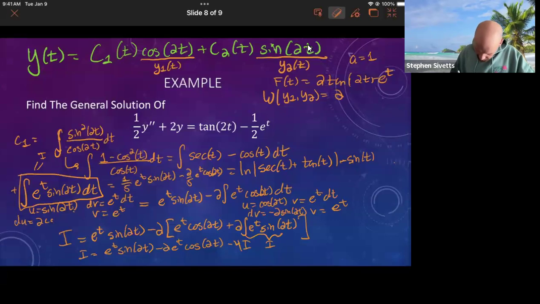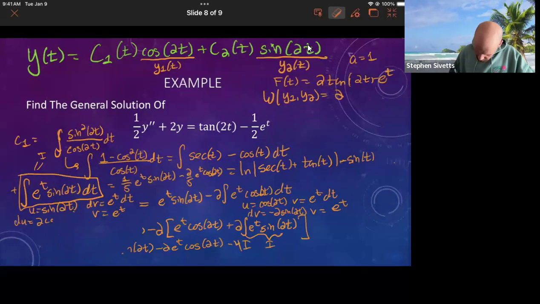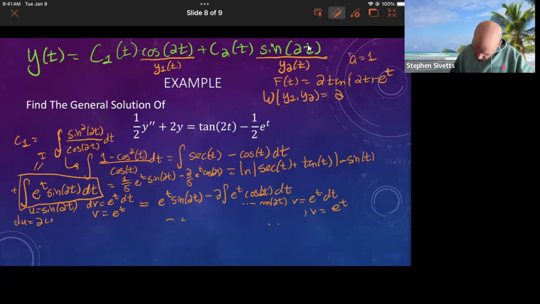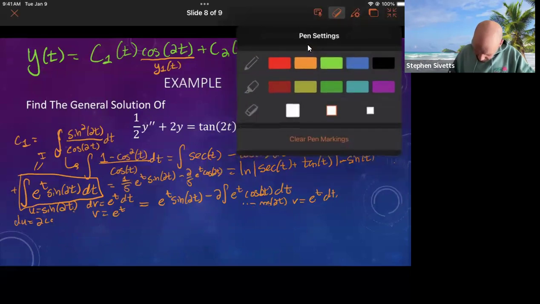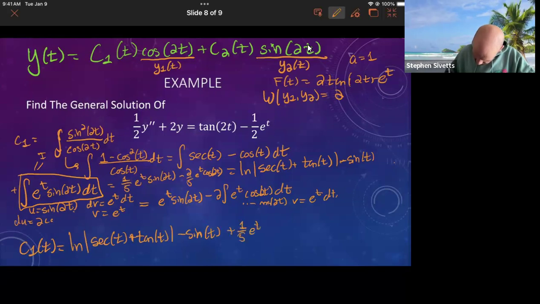So all together, C1 of t would equal the natural log of the absolute value of secant of t plus tangent of t, minus sine t, plus 1/5 e to the t sine 2t minus 2/5 e to the t cosine 2t, plus a constant delta 1.